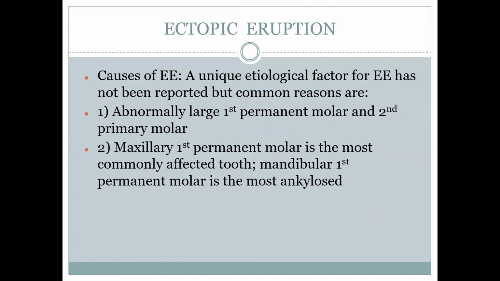The mandibular first permanent molar is the most ankylosed. So remember that the maxillary first permanent molar is the most commonly affected with ectopic eruption, and the mandibular first permanent molar is the most ankylosed.